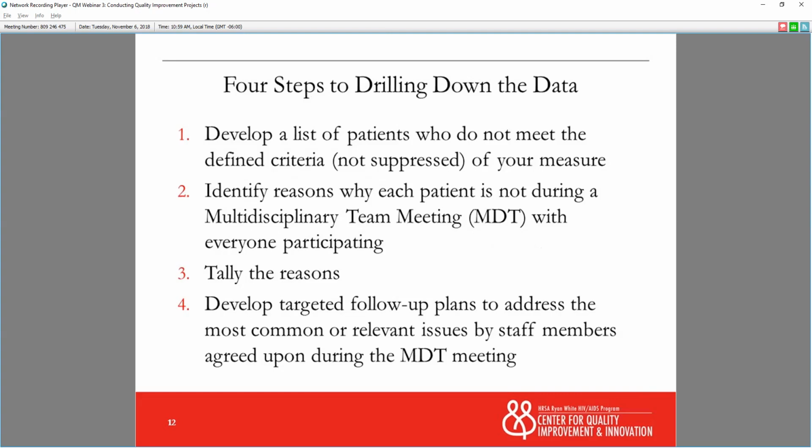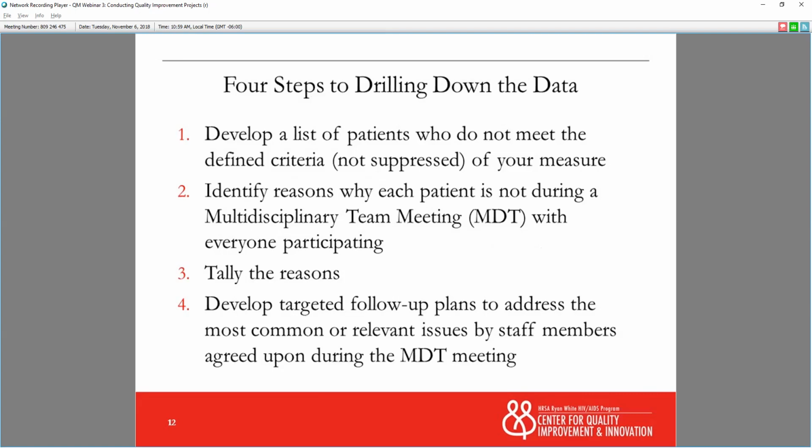But within your measure, okay, you're going to have some that don't meet the defined criteria. Identify the reasons why each patient is not. And whatever you call your team, whether it's a multidisciplinary team meeting, the quality team, the quality committee, figure out why. All right.